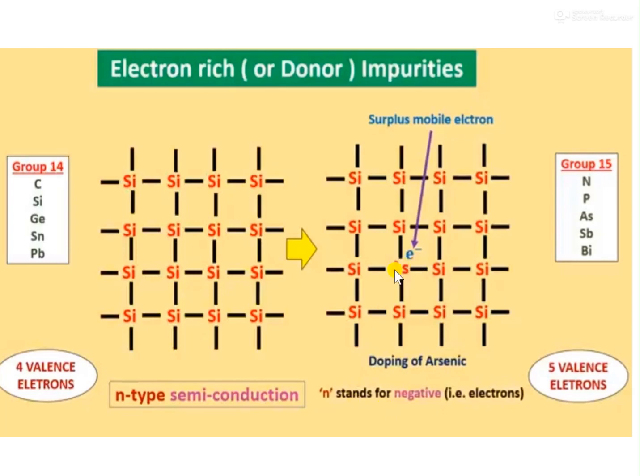It will increase conductance. So we can say that these electron-rich donor impurities are added in this silicon. Then these are n-type semiconductors, and n stands for negative, or electrons.